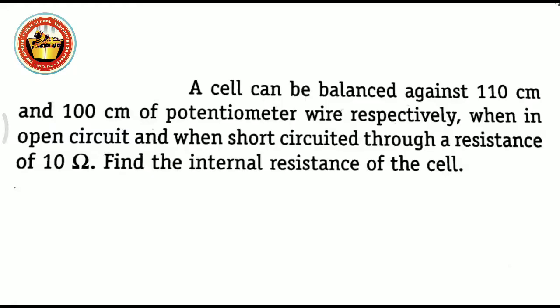Problem: A cell can be balanced against 110 cm and 100 cm of potentiometer wire respectively when in open circuit and when short circuited through a resistance of 10 ohms. Find the internal resistance of the cell.